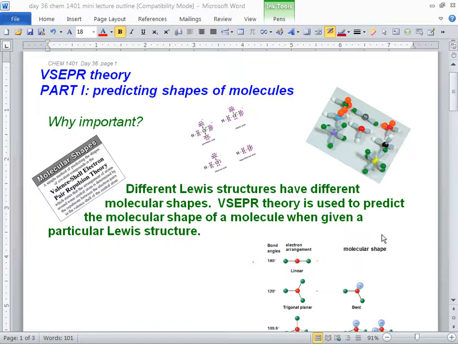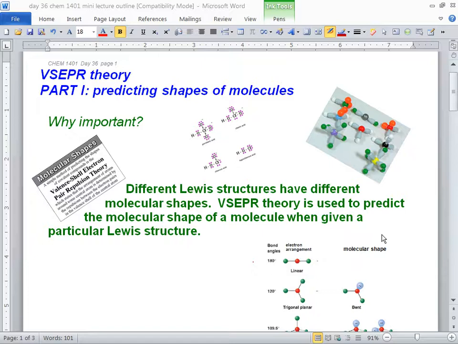How we're going to do it is this theory called VSEPR. It's too many words for me to say all the time, so I'm going to be saying VSEPR theory. But what does VSEPR stand for? Valence shell electron pair repulsion. Very good, repulsion theory.